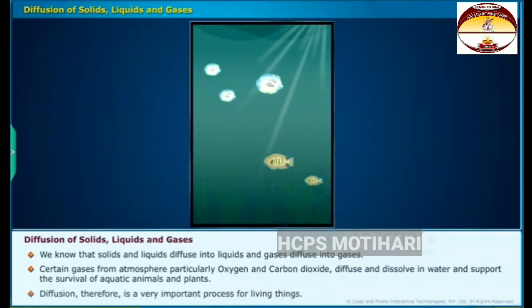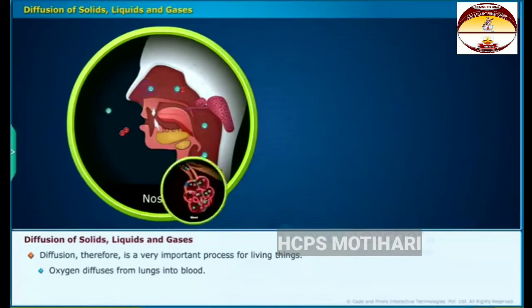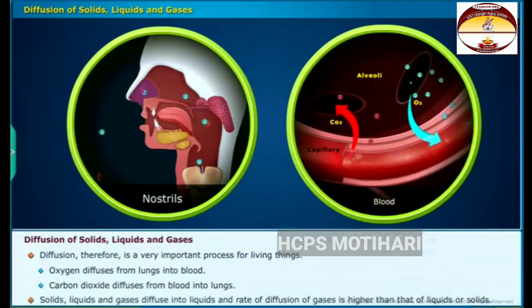Diffusion, therefore, is a very important process for living things. Oxygen diffuses from lungs into blood. Carbon dioxide diffuses from blood into lungs. Solids, liquids and gases diffuse into liquids, and rate of diffusion of gases is higher than that of liquids or solids.